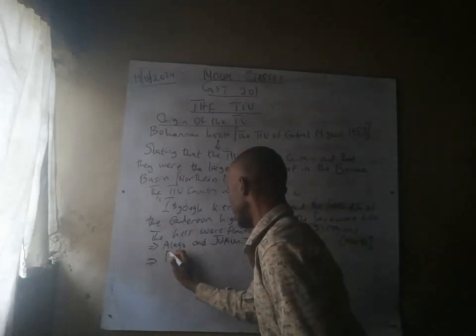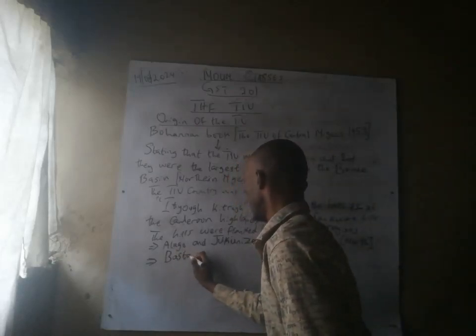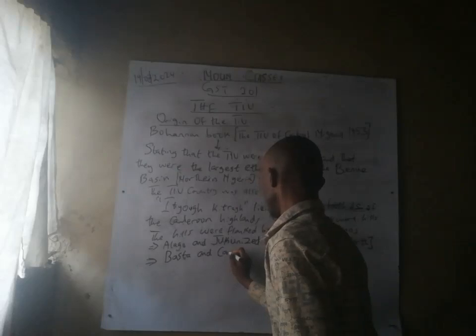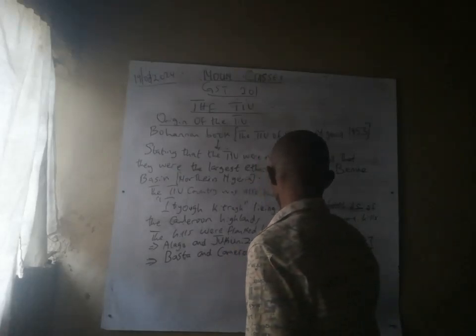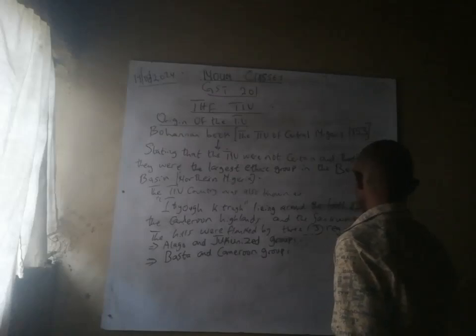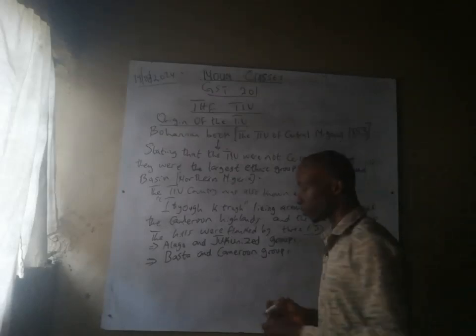Then we have the Basta and the Cameroon groups at the south. And last but not the least, we have the Jukun and Chamba at the west.